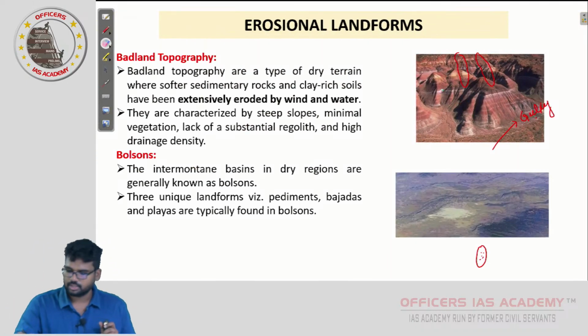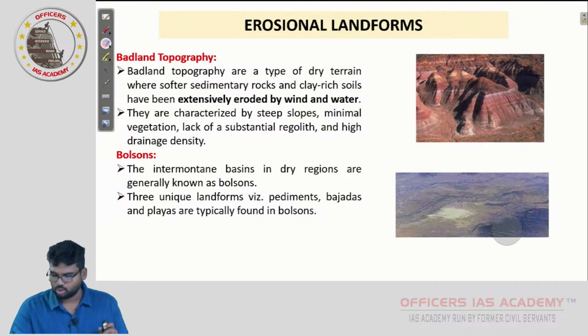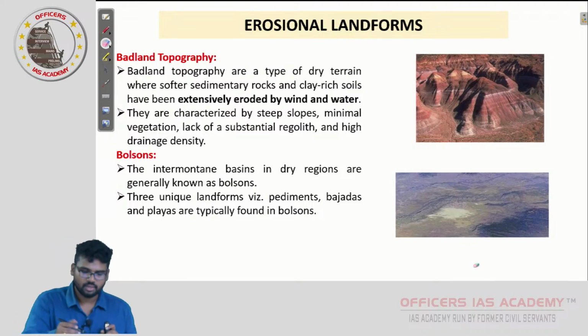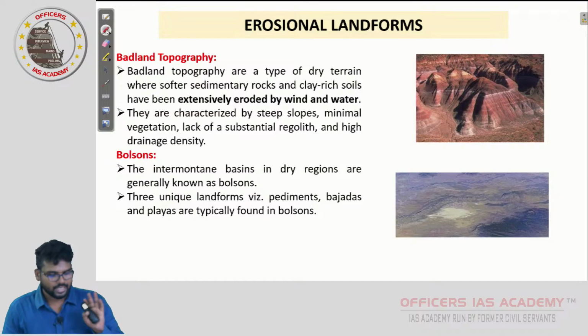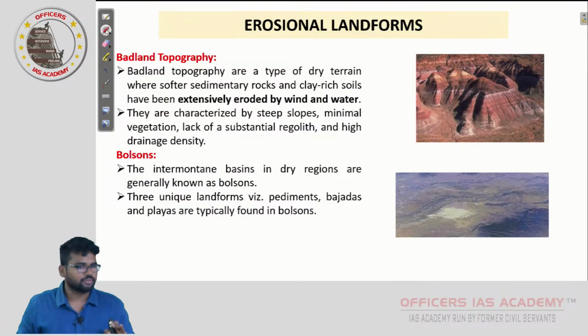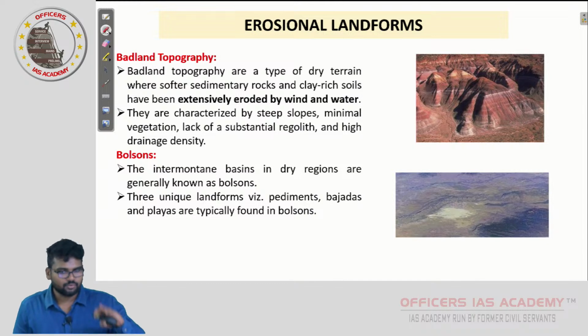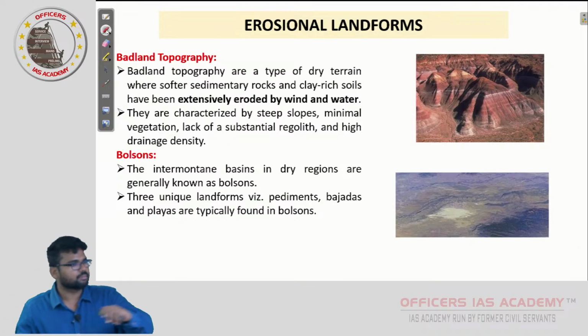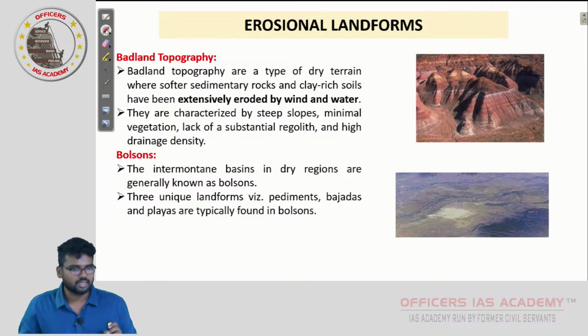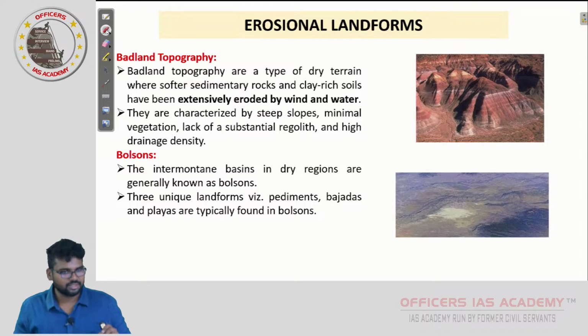Then one more thing is badland topography. What is it? See, it's the overall topography of a desertic area or semi-arid area where rainfall is less and wind erosion and deposition is very high. As a result, all the loose material will be taken by the wind to another location, and resistant material of undulating shapes, no regular shapes, will be left behind.